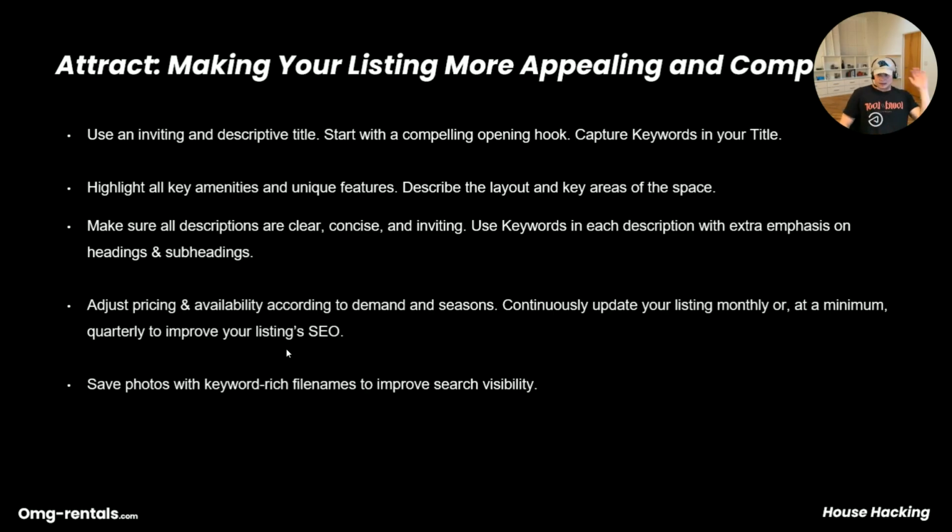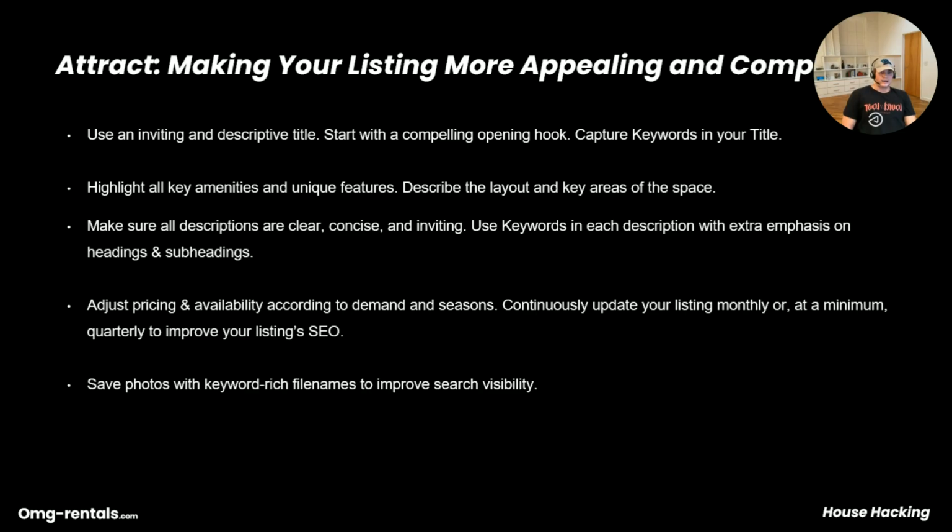And lastly, with all your photos, make sure you save the file names of each photo with keyword-rich names to improve search visibility. Again, super simple concept, but you're going to essentially save your photos with keywords, location, event type, .jpeg, .png, whatever it is, and upload those.